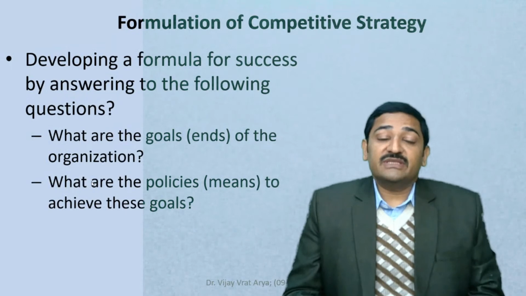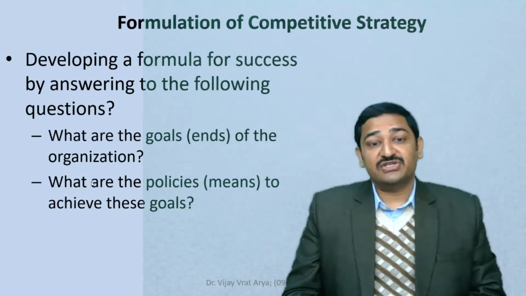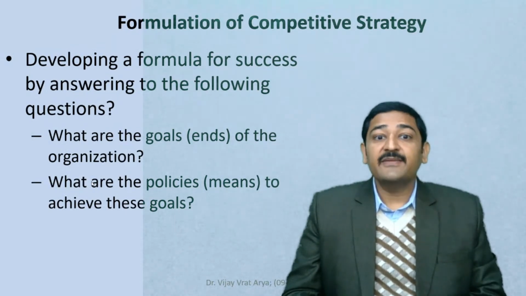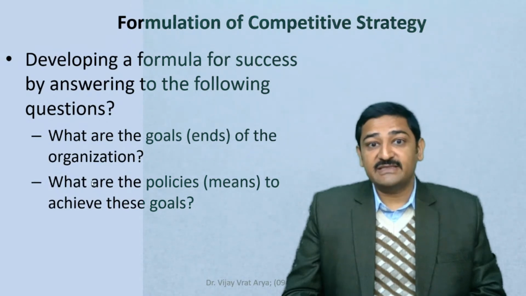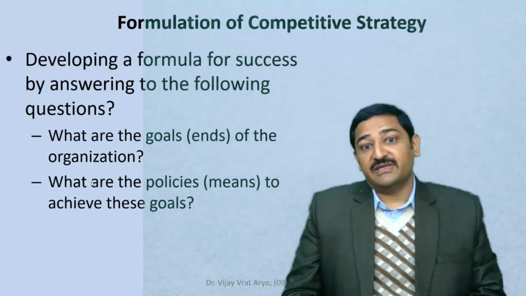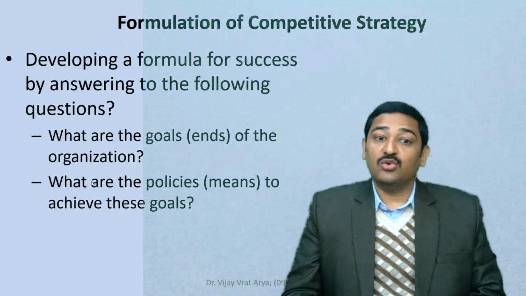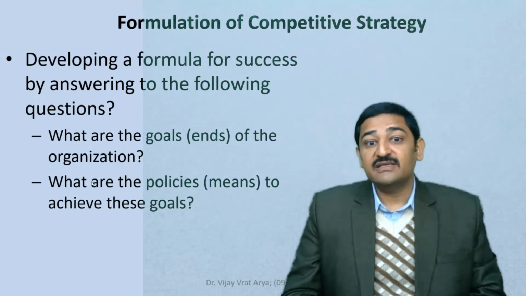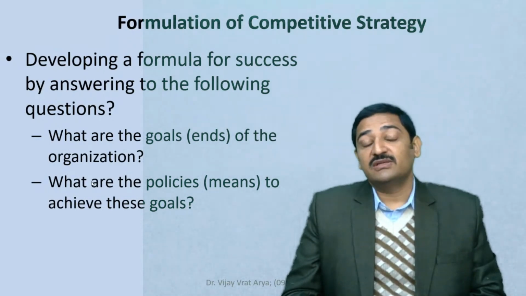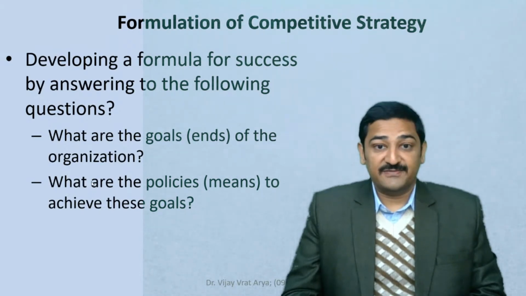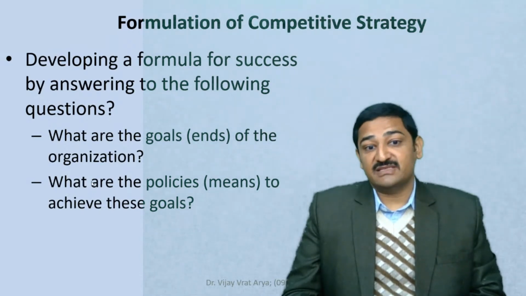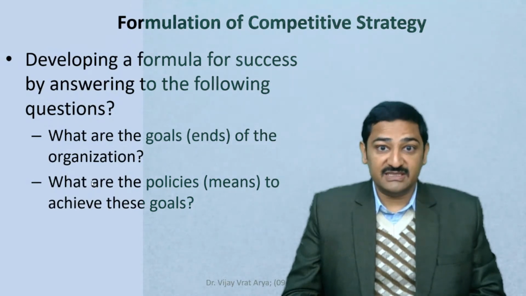Now, we need to discuss the formulation of competitive strategy. Here, two major questions arise in corporates. One is, what are the goals, which are the ends, the purpose for which the organizations are established. The second is the means, where we are talking about the policies.